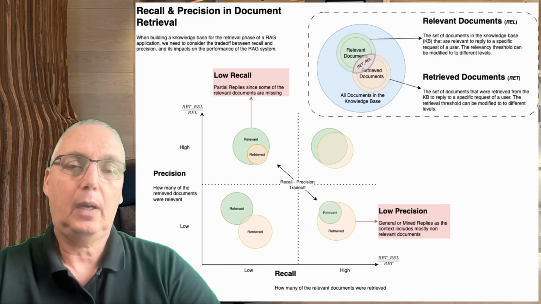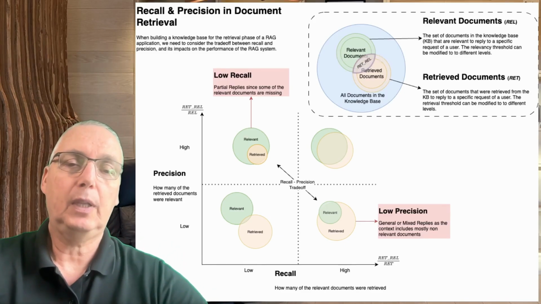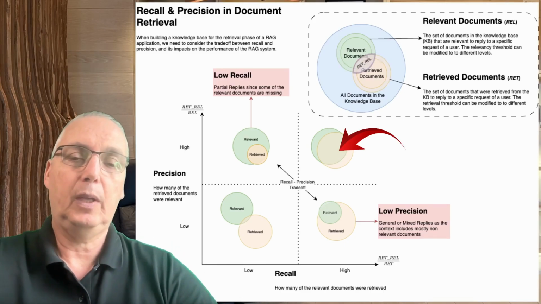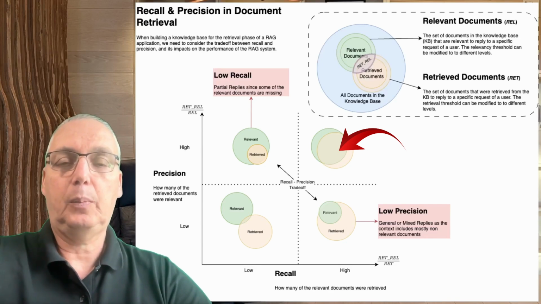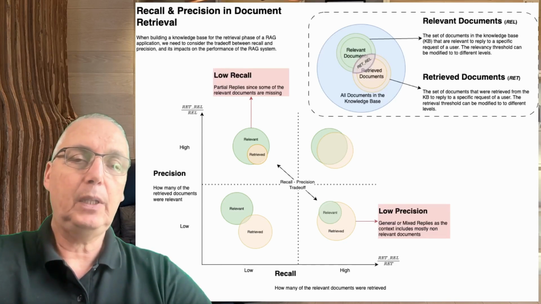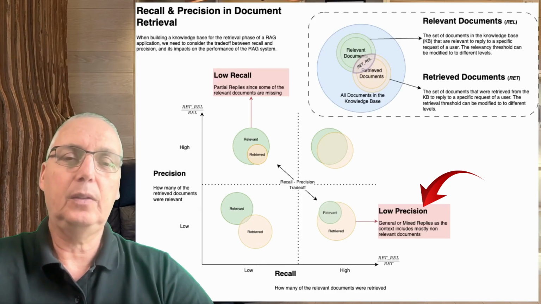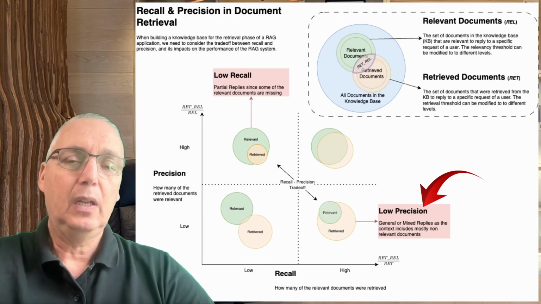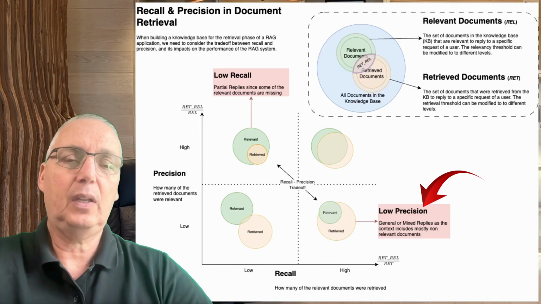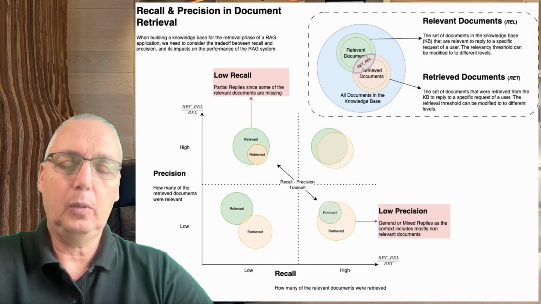Of course, all the time we will try to improve and get to the point where we have high recall and high precision. But many times we need to live with low precision, which means that the answers will have general or mixed replies because of the non-relevant documents that we retrieved.